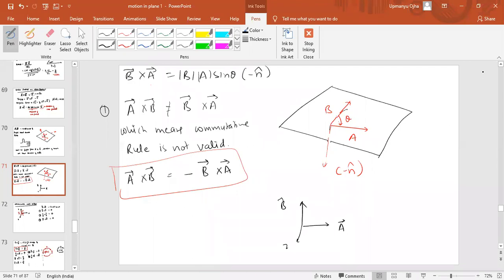So we can have different vectors also. It can be in one plane, and it can be in a different plane also. The resultant will always be perpendicular to both, a and b. That is the correct thing.